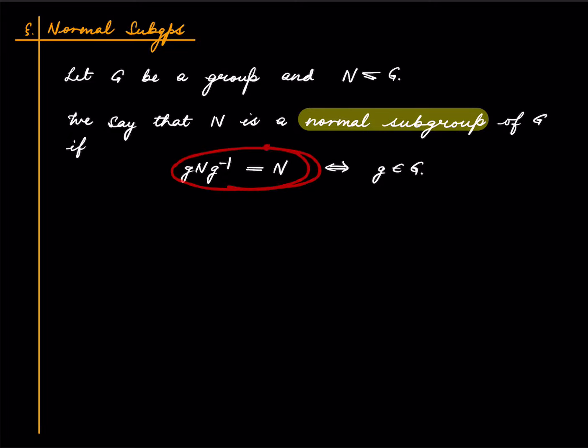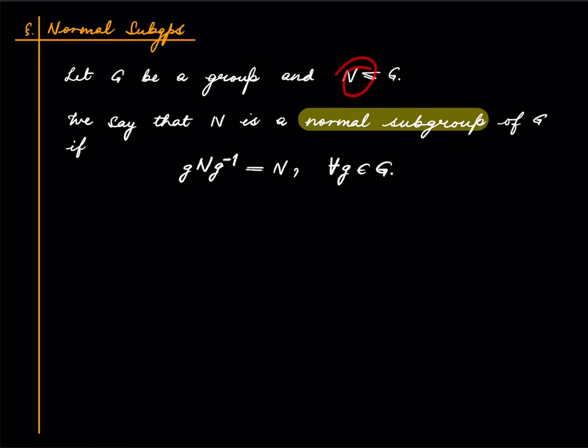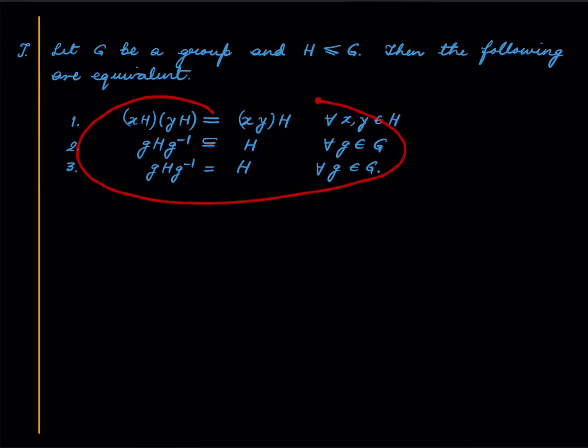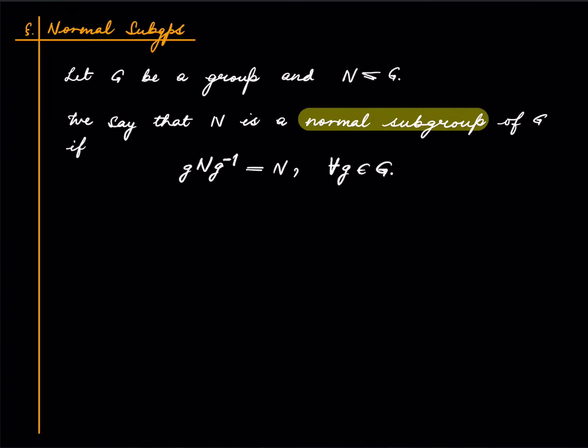In particular, if this is satisfied for all g in capital G. So we say that a given subgroup is a normal subgroup if this equation is satisfied for all g, or equivalently any of these three things are satisfied. Okay, so we have a notion of normality, and we'll see that not all subgroups are normal. Maybe not in this lecture, but we will see that eventually.